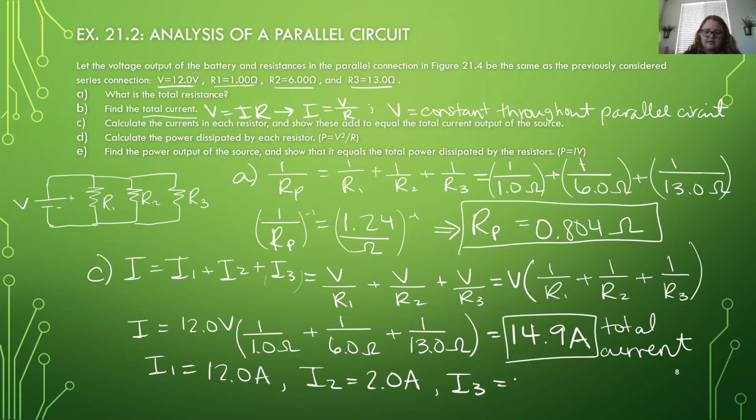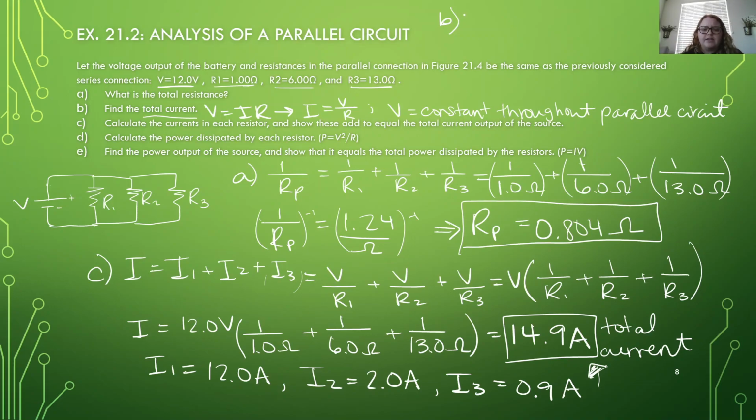I3 is 12 over 13, which is 0.9 amps. So adding those up is our total current here. Let's go ahead and check to make sure that that is the same as if we calculated it this way. So I'm just going to squeeze that in up here just so that we're all on the same page.